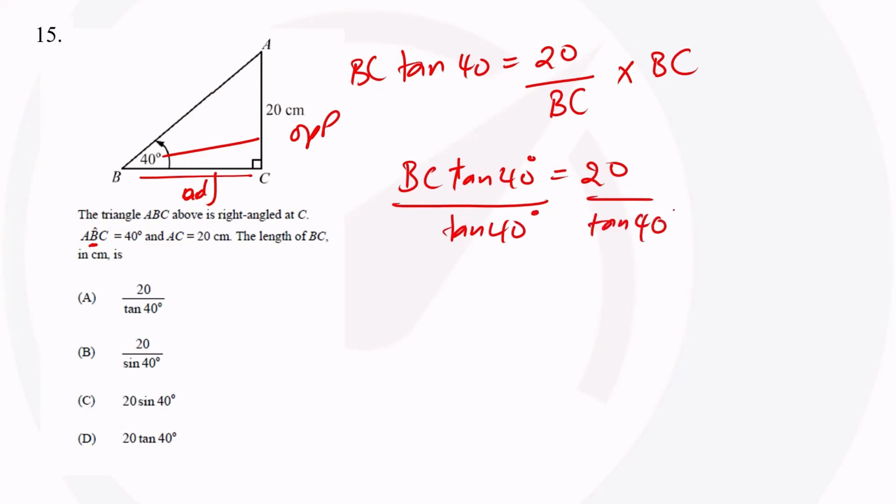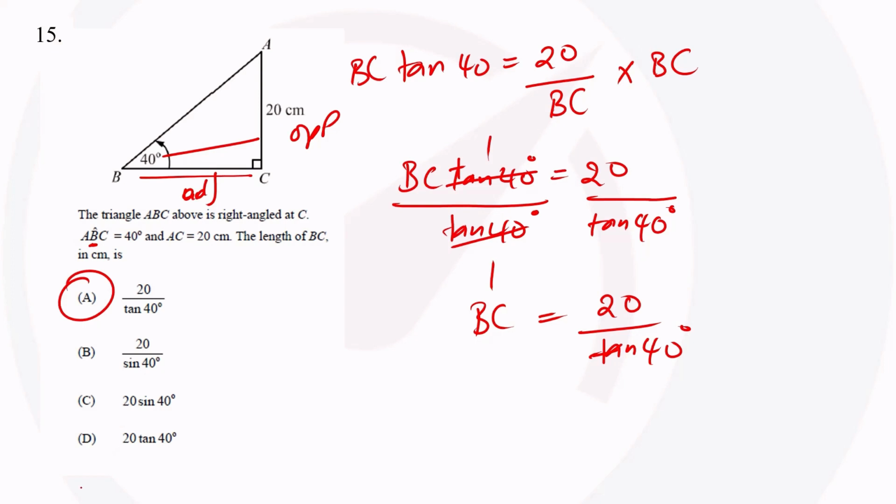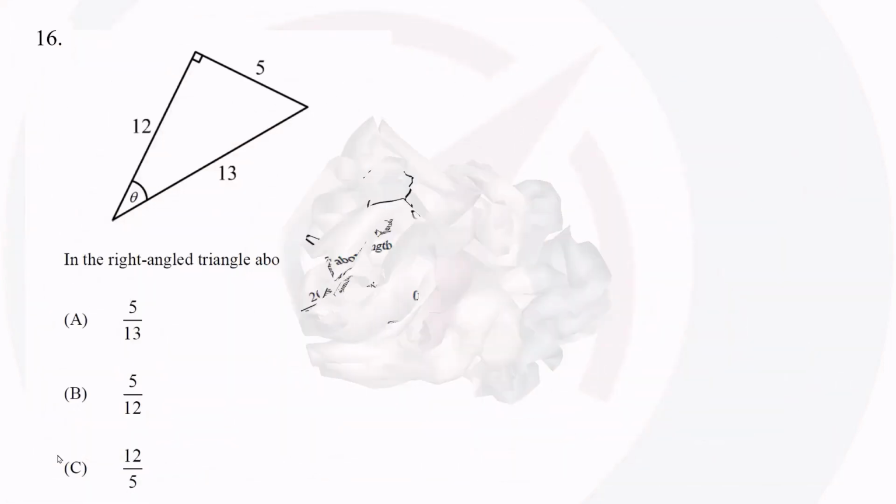So to find BC, we're going to divide both sides by tan 40. And I work everything here the longer way, just for learning purposes. Alright, so tan 40 divided by tan 40, so we're left with BC is equal to 20 over tan 40 degrees. So hence our answer is going to be A. Alright, question 16.